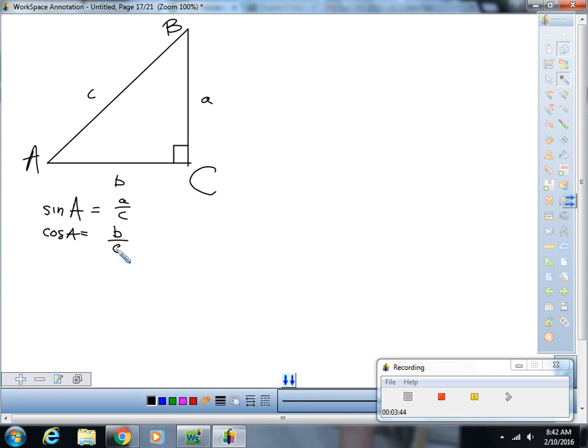And what is the tangent of A? And then he stopped there. He's like, that's all I need. Sine, cosine, and tangent covers every ratio that I could possibly form in this triangle. Okay? Now, what is the sine of angle B?